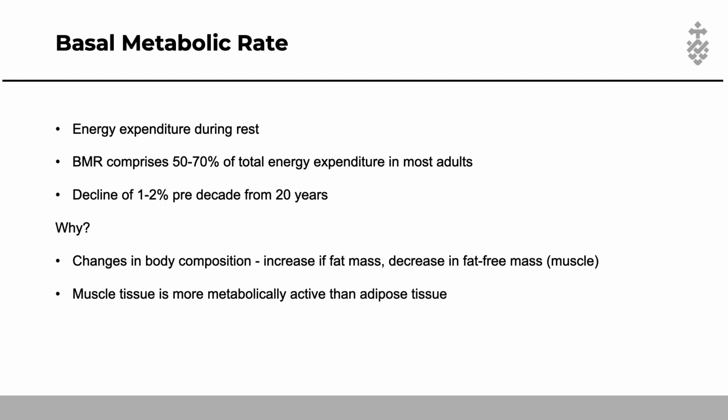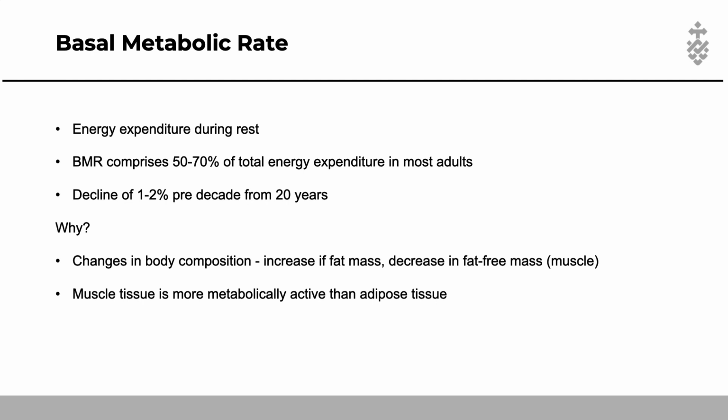So how many calories are you burning to maintain your breathing and your heart rate? Now, typically our BMR is the largest component of energy expenditure, and it comprises around 50 to 70% of total expenditure in most adults. And a decline in our BMR is well recognized with aging.